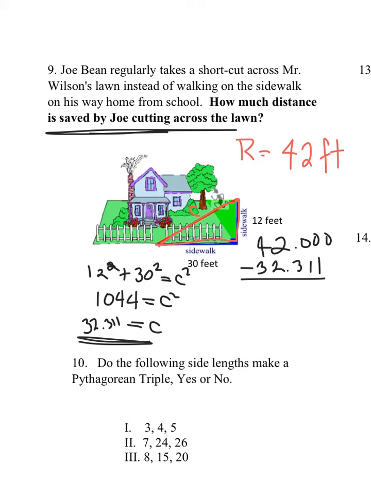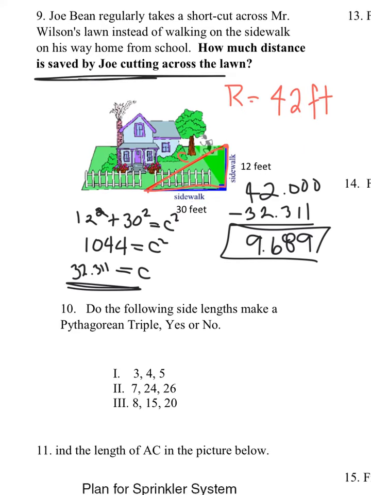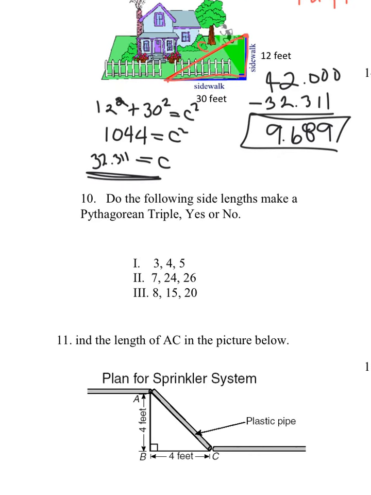And again, the multiple choice is probably either going to make you estimate it to the nearest whole number, or they'll give you decimals. So, I know for the most part we tell you not to use decimals, but if it's multiple choice and those are your options, you gotta use it. So, this comes out to about 9.689. However the answer is written on there, if you left it like this, I'd be completely okay with it. But it should be multiple choice.